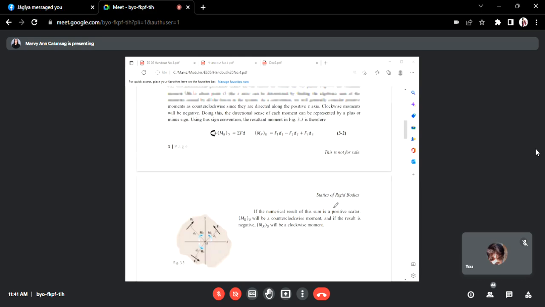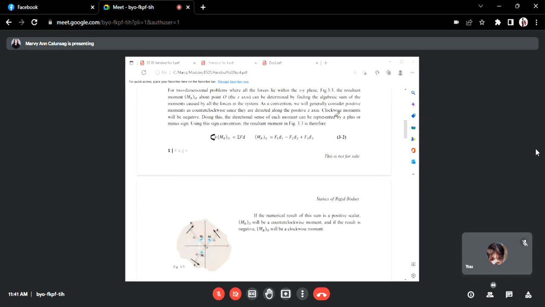Figure 3.3, the resultant moment about point O can be determined by finding the algebraic sum of the moments caused by all the forces in the system. As a convention, we will generally consider positive moments as counterclockwise since they are directed along the positive z-axis.